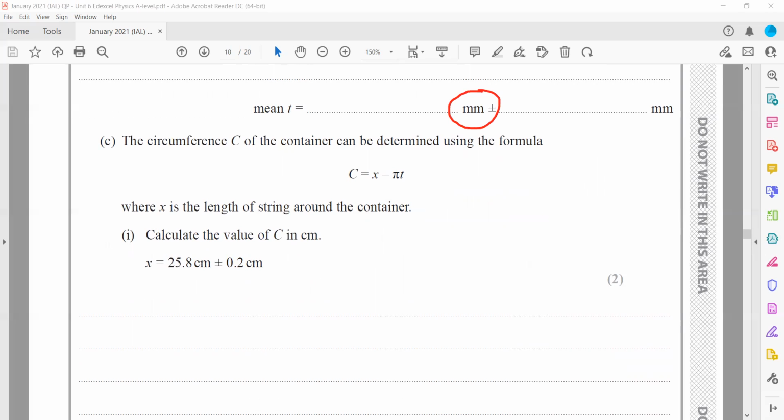We just have to substitute. Like here, t, the average, the mean was there, which was 2.10. So 2.10 millimeter or 0.21 centimeter.